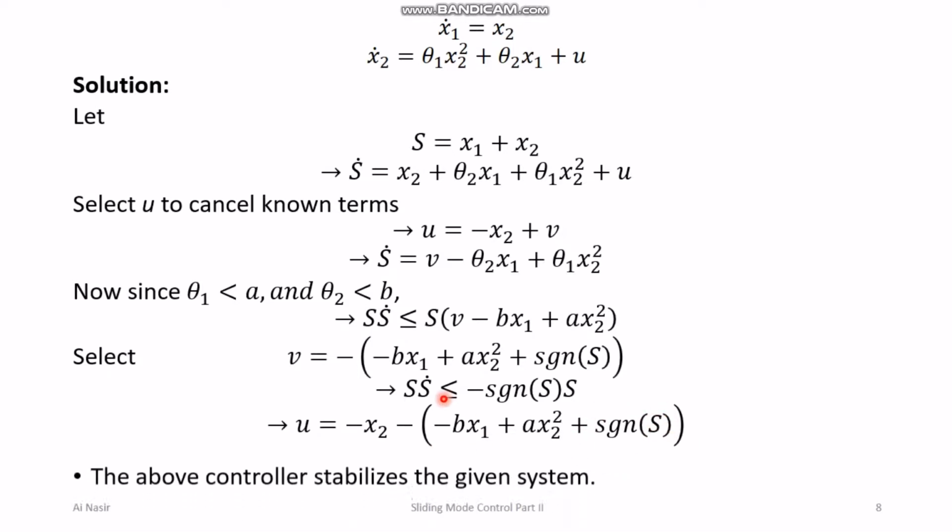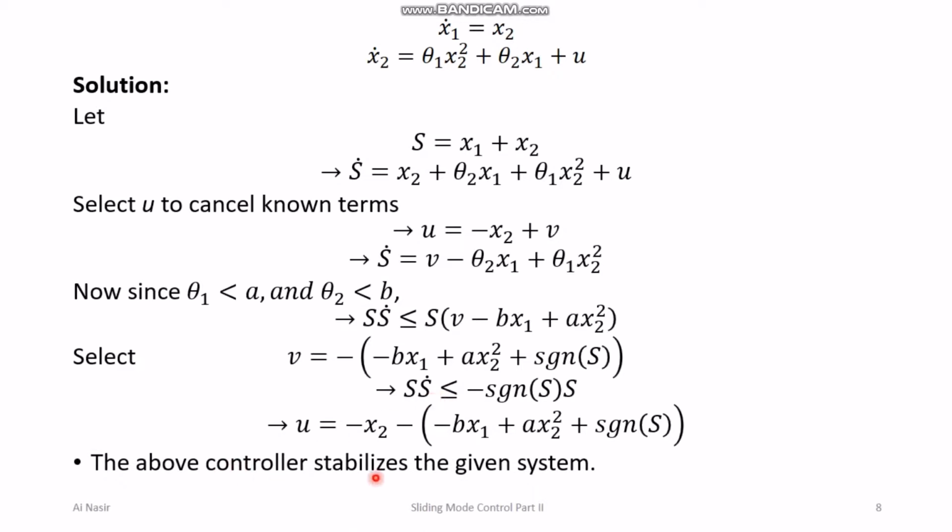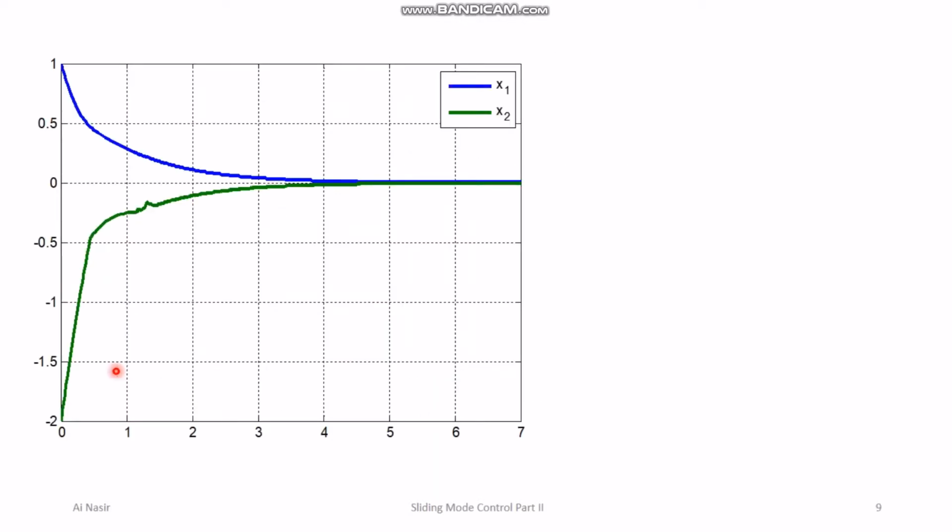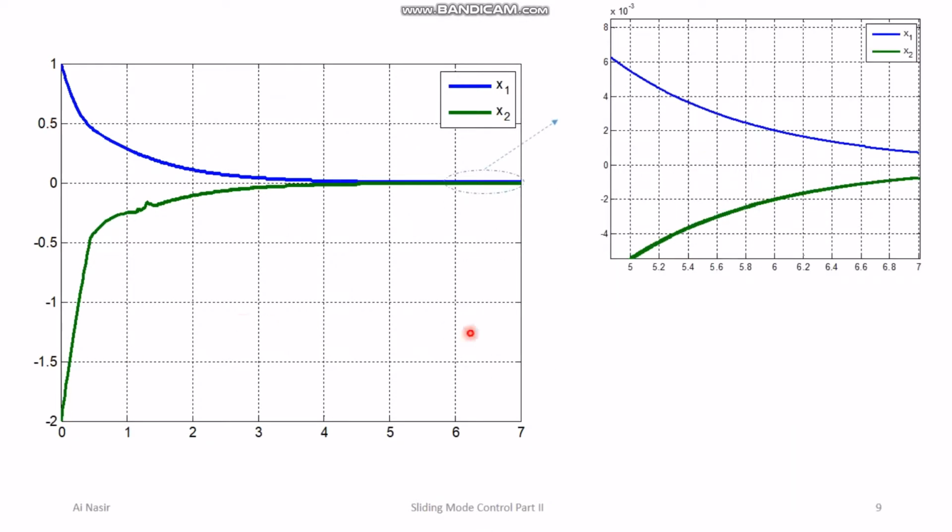Okay, so the above controller stabilizes the given system, and when you look at the trajectories, you can see that both of the states converge to 0. We start with the initial condition x1 equal to 1 and x2 equal to minus 2, but if we zoom, you can see that there's 10 raised to the power minus 3.